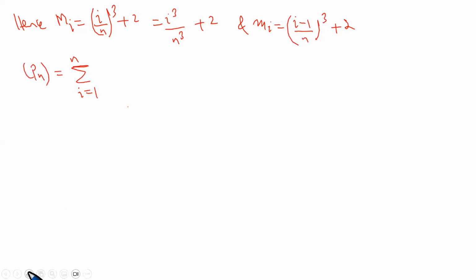U_P_N. So you have U_P_N here. U_P_N starts with the big M, delta x i, which is this one.